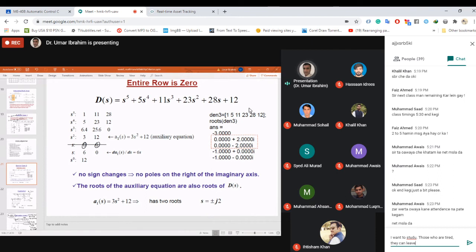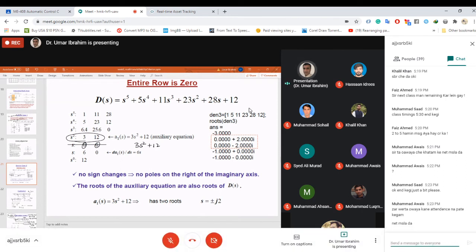Now I cannot write 0, 0 here. What I'll do is I'll take this row. I can write it in terms of a polynomial. The 3 is a coefficient of s squared, and 12 plus 12 is a coefficient of the next, since this is an even row, so the next coefficient will be s0. So I'll take this polynomial, let's call it A of s, and I'll differentiate it with respect to s.